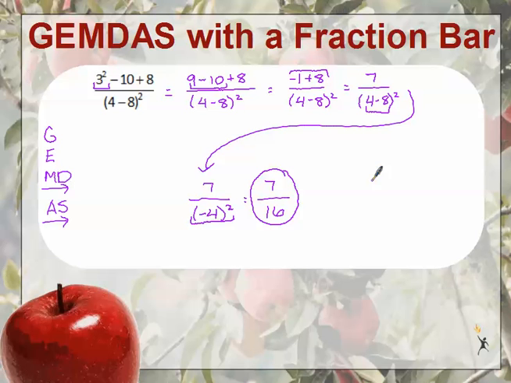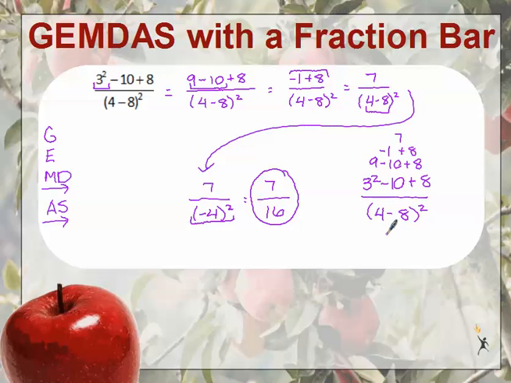Another way that some of the students like to work through these fraction problems, and I'm just writing this off to the side, is you could also, instead of working side to side, work above the top and above the bottom, or below the bottom. So you could do 3 to the second power would be 9 minus 10 plus 8, and then you could say negative 1 plus 8, and you could get 7 on the top.